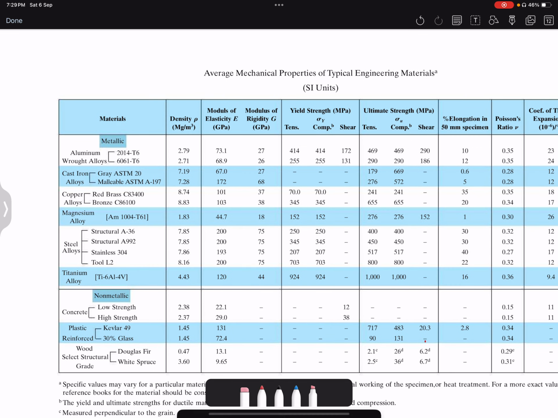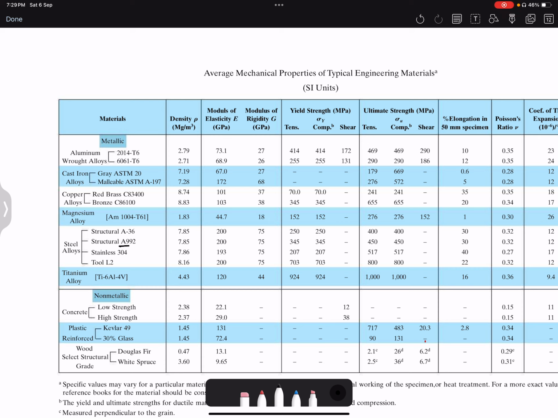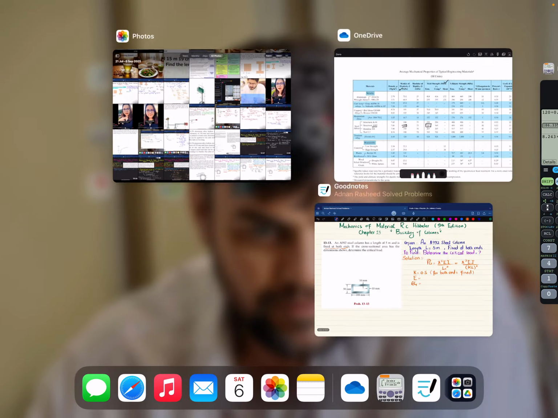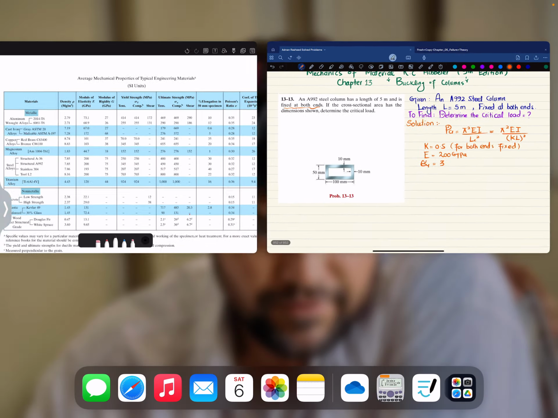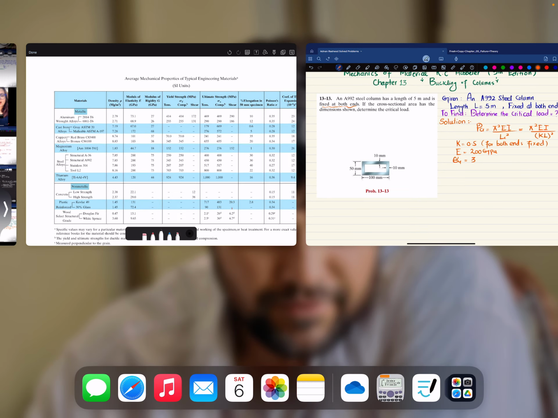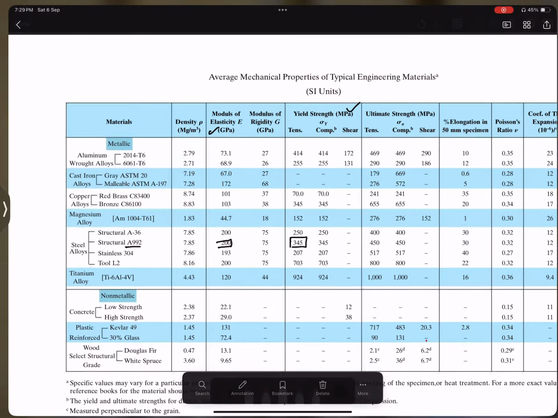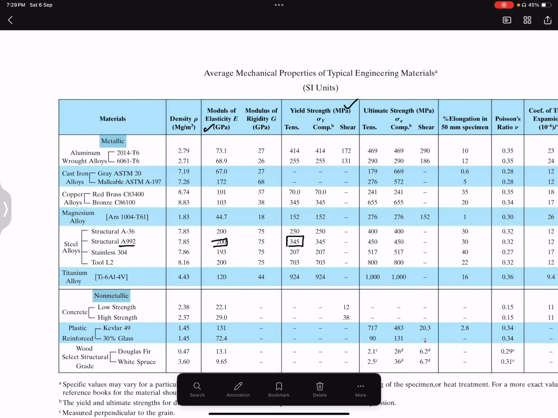So for A992 steel, E is 200 gigapascal while yield stress is 345 megapascal. Let me check it again: 200 gigapascal and 345 megapascal.